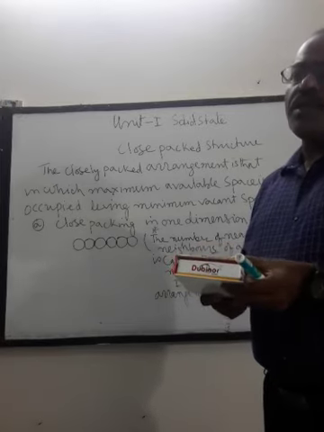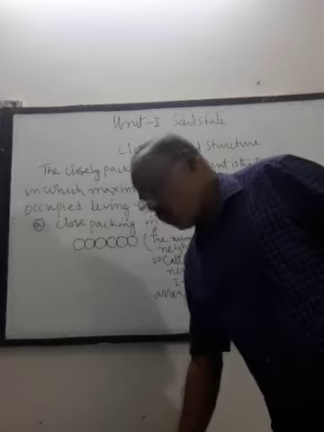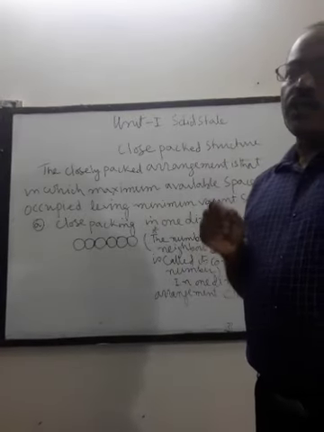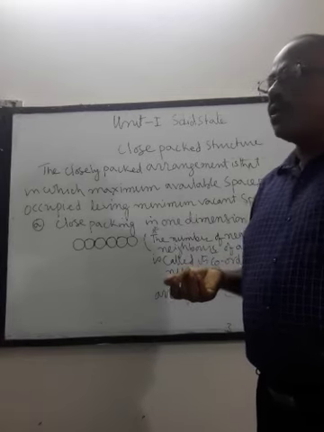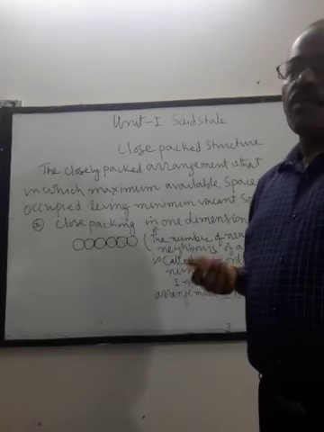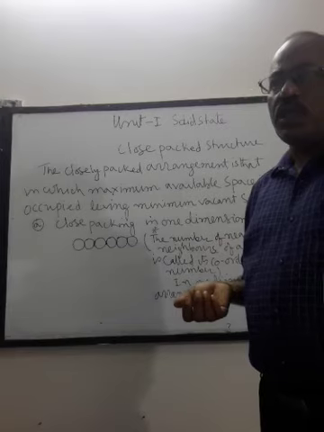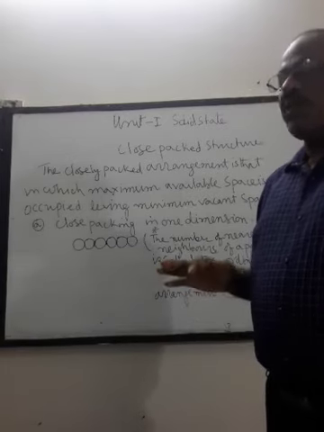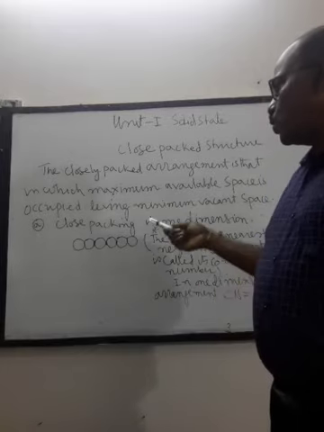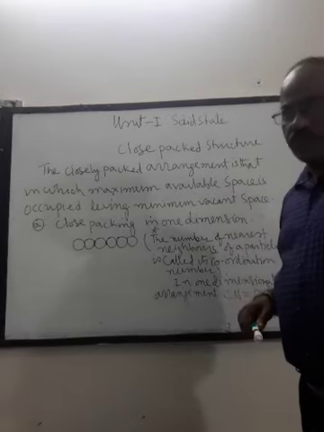So there are different ways of packing of points, that is atoms, molecules or ions. Some packing is called one-dimensional, some two-dimensional and some three-dimensional. First we consider close packing in one dimension.